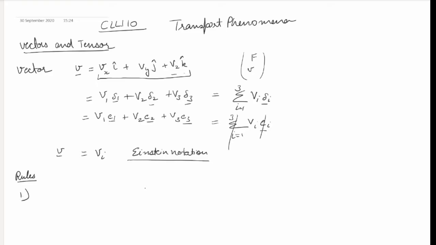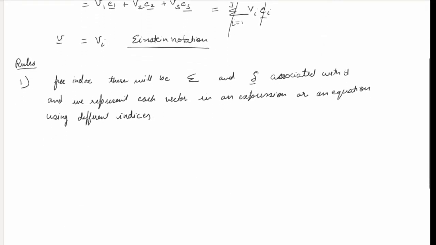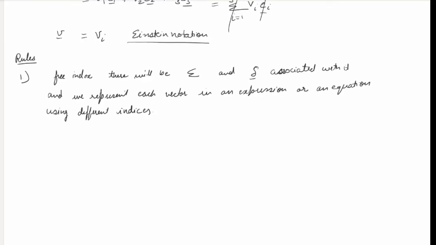The first rule is that whenever we have a free index i, there will be a summation sign and a unit direction associated with it. And we represent each vector in an expression or an equation using different indices. What does this mean? That if we have, let's say, an expression where we have a vector A which is in some operation with vector B and combined they are in some operation with vector C. So these operations can be different.